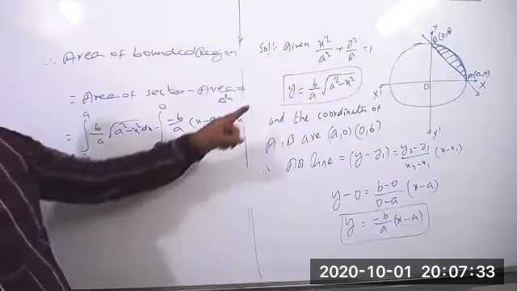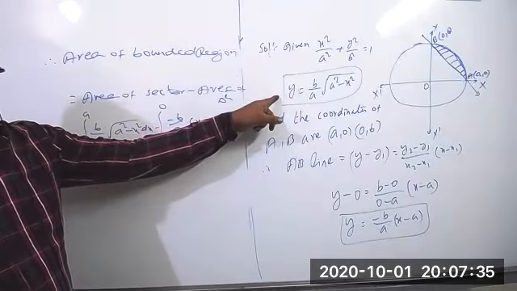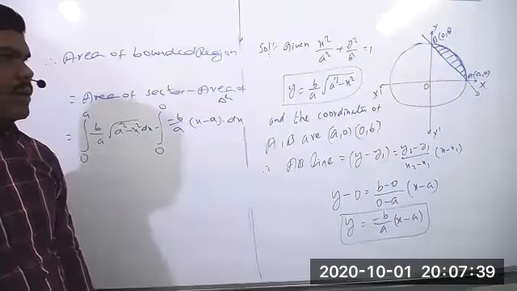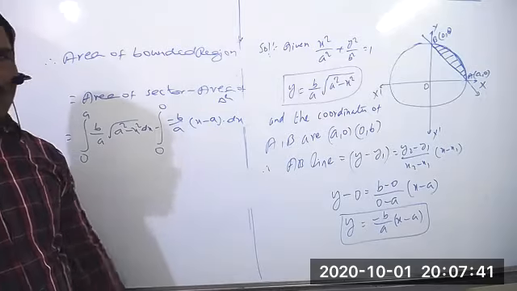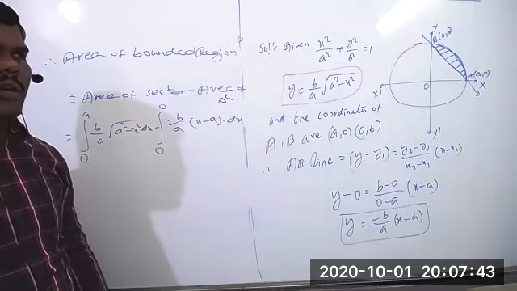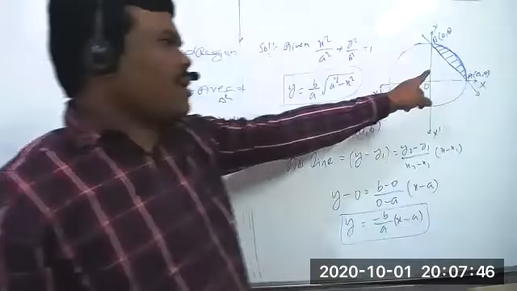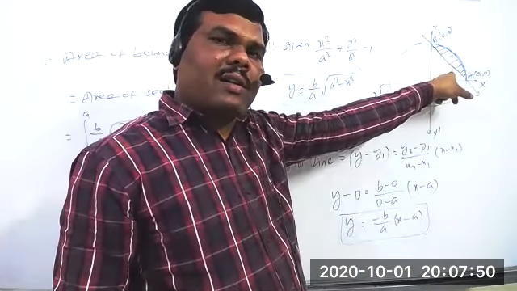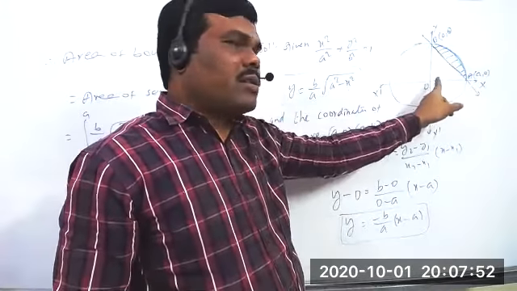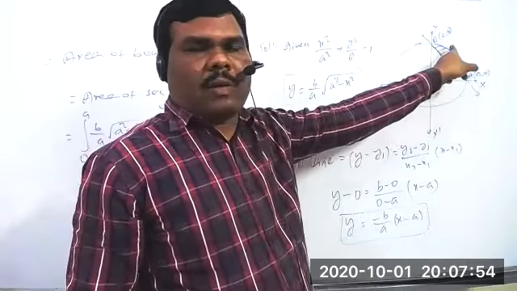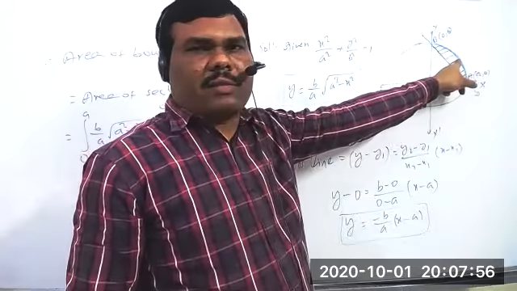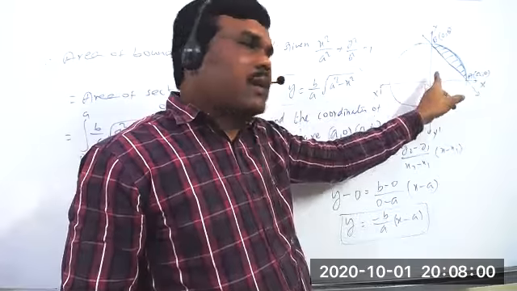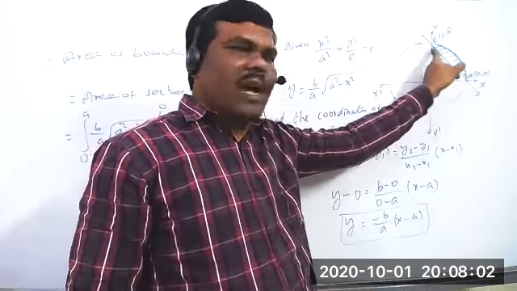Okay. Based on the ellipse equation, we have to find the value of y, we know very well. But generally we have to find the area of the segment, then what is required? Area of the sector. When you are taking the sector, we have to take the limits, integration 0 to a, the ellipse equation, minus, when it is the triangle here, integration of 0 to a, that line equation we have to take.